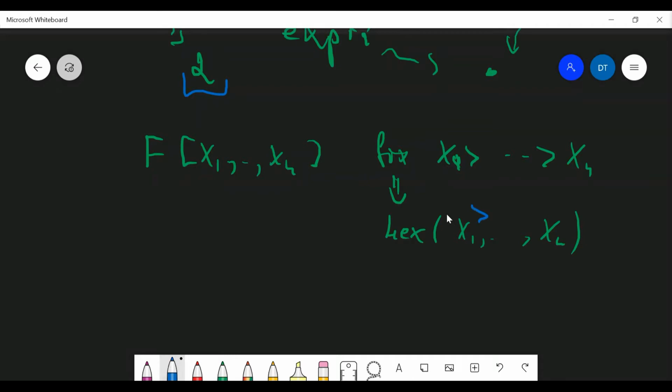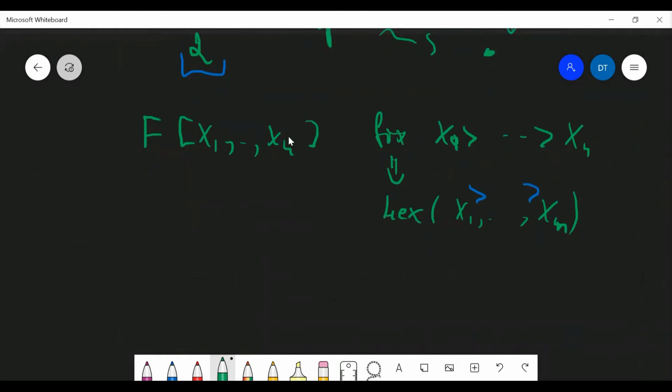Here I wrote it like this, but this is just a different notation. When I write lex of x1, ..., xn, it means that x1 is the highest variable, x2 is the next one, and so on. So now we know how to compare all the monomials in this ring. I cannot use a new variable because I didn't specify how to compare it with the existing ones.